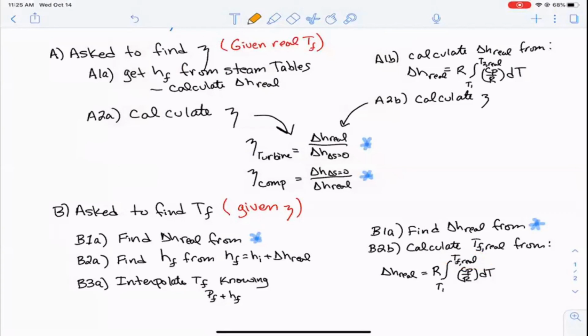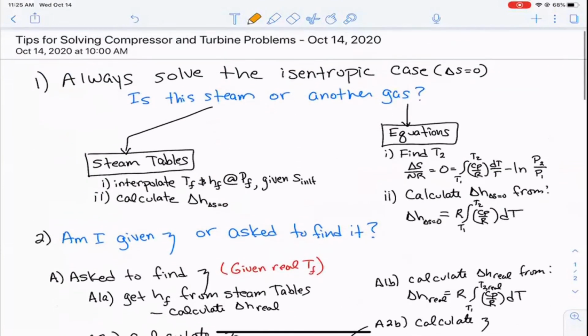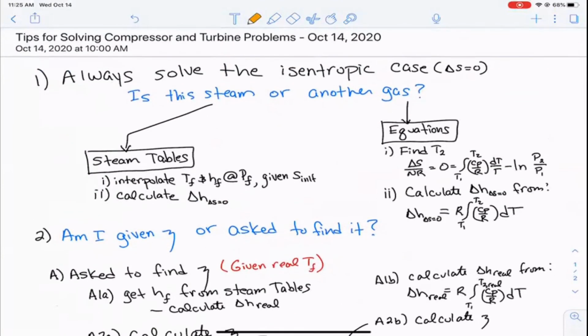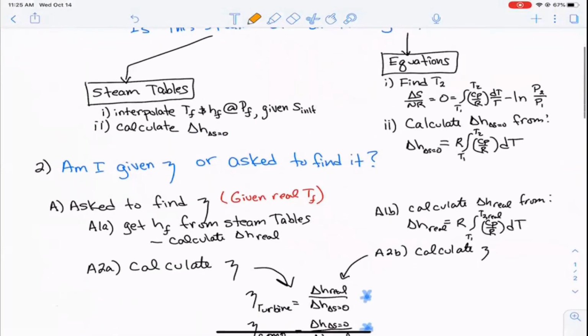So to just recap this, and hopefully it's very helpful to you guys, I just asked myself two questions when solving compressor and turbine problems. The first is: is this steam or another gas? And then I solve the isentropic case, either using the steam tables or those two equations that you see on the right.